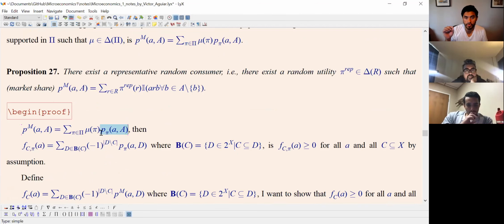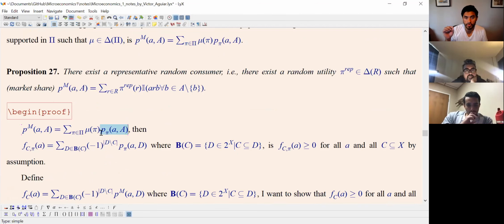I just apply these block Marschak polynomials and exchange summations. So it's super trivial. And then it turns out that by doing this, you can prove that if you have a collection of random utility guys, the aggregation of their behavior and the market share generated by these guys is also random utility, okay? So this is very cool.